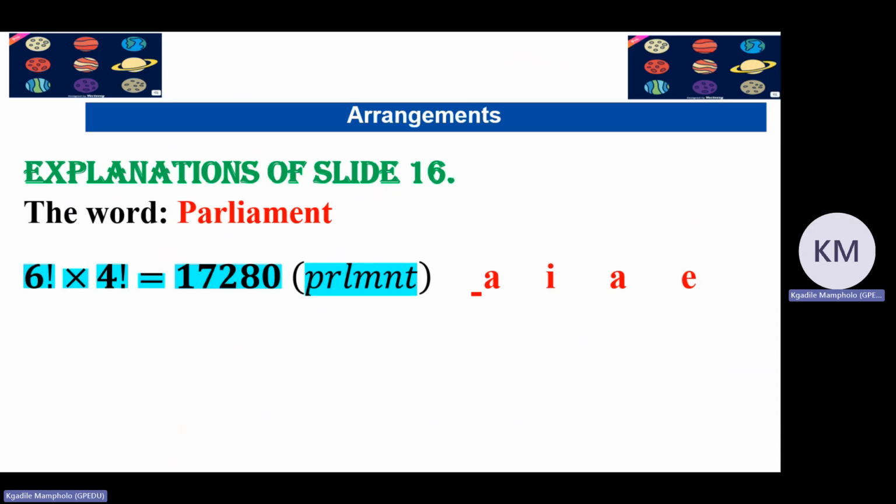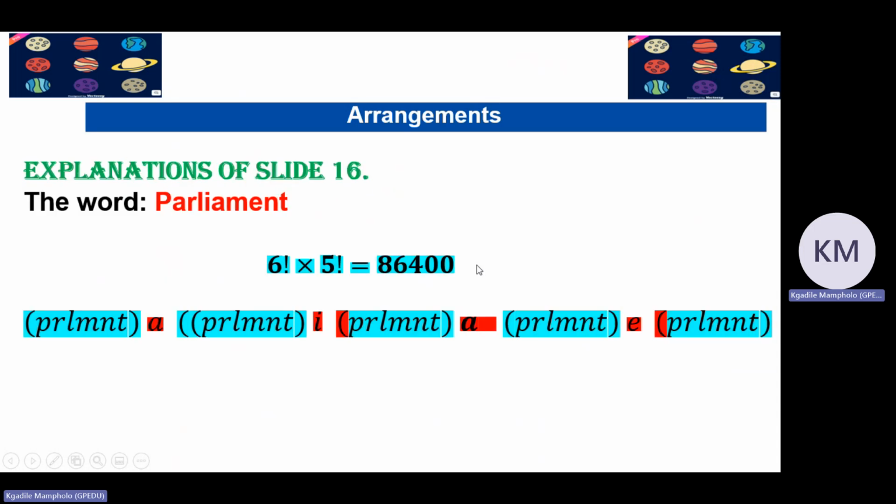We're not talking about one consonant, but we are talking about all the consonants. These consonants can be arranged differently. These vowels can be arranged differently, but we know that the vowels will be on the right, the consonants will be on the left.